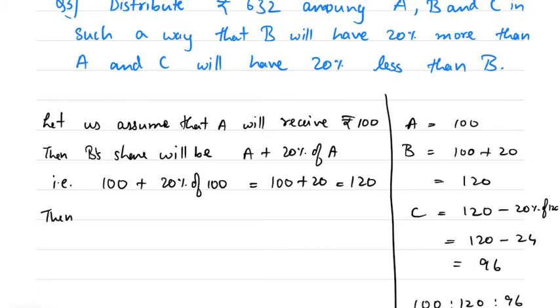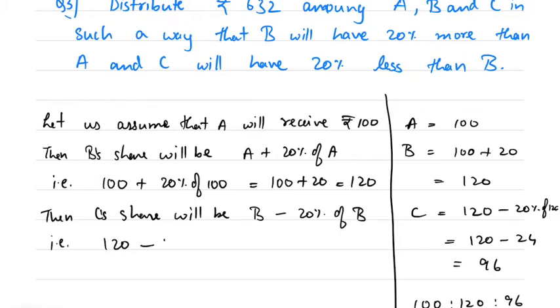Then C's share will be B's share minus 20% of B's share. That is 120 minus 20% of 120. 20% of 120 is 24.